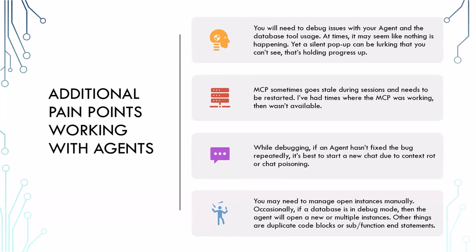And you go ahead and you have to close them down, sometimes all of them, and just let the AI start over again. Other things that I've noticed is that there might be duplicate code blocks or duplicate end statements, end sub, end function sort of statements, duplicate Option Compare Database and Option Explicit blocks and stuff.